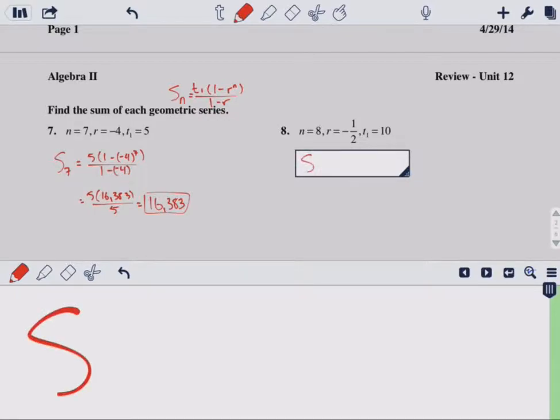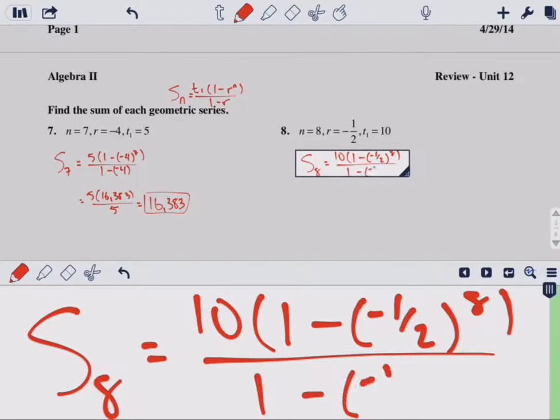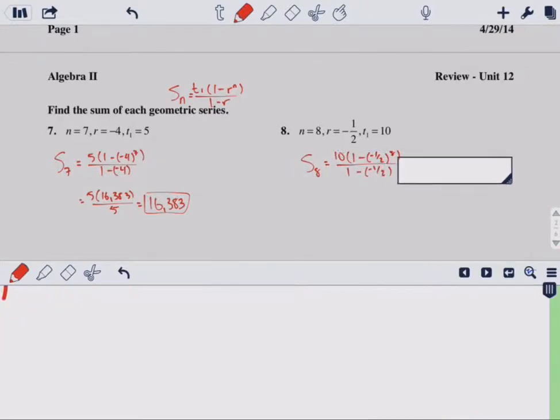Same thing here. I want S sub 8. Well, that's equal to 10 times 1 minus a negative 1/2 raised to the 8th over 1 minus a negative 1/2. Okay, 1/2 to the 8th, so 2 to the 8th is 256.